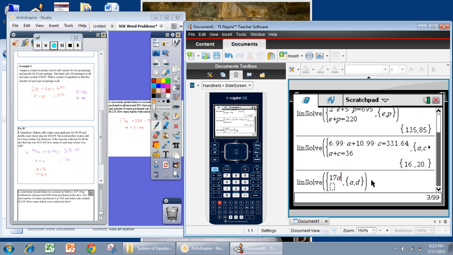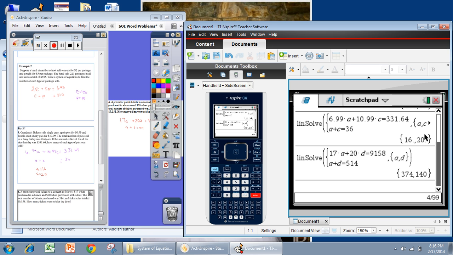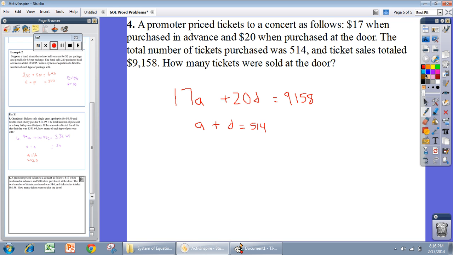So $17 in advance plus $20 at the door equals 9,158. And then advanced tickets plus door tickets equals your 514 sold. So 374 advanced and 140 at the door. So 374 and 140.